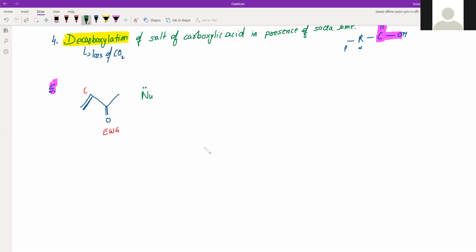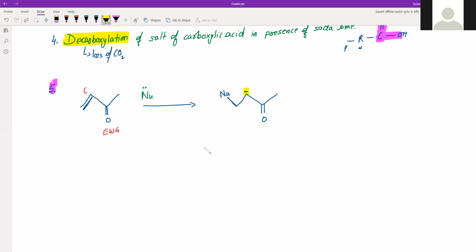and what we will get in such cases is that the nucleophile will attach itself to this carbon, and the double bond has broken, and that's why this carbon will have the negative charge.